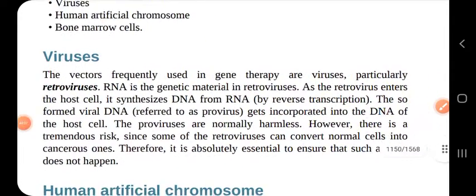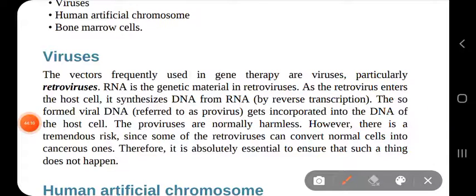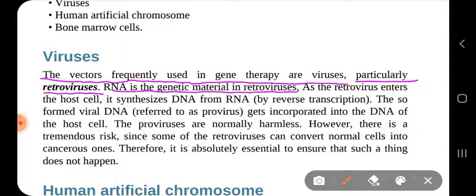So, what is it saying about the virus, let us see. The vectors that are frequently used in gene therapy are viruses. Particularly, we use retrovirus. Retroviruses are those viruses which have RNA as their genetic material. Now, normally we know that when any retrovirus enters the host mammalian cell, it will try to synthesize its DNA from the RNA by the process called reverse transcription.